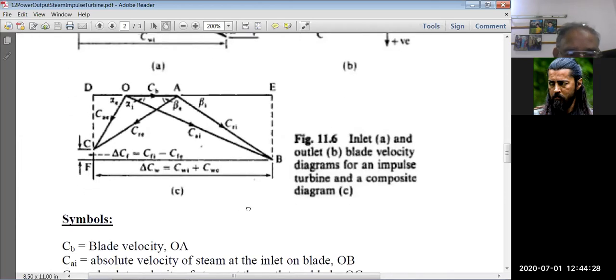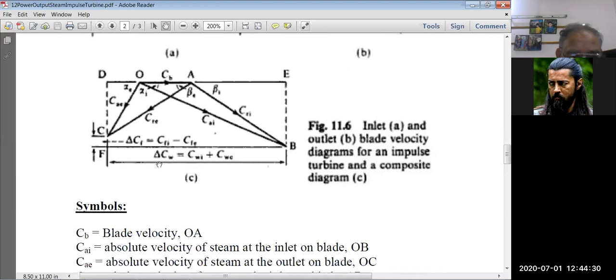Now this is a combination of both, and here you can see that this line FB at the bottom is the total length, which is equal to delta CW, the work velocity. This is the sum of CWI plus CWE. They are summed because actually it is a difference, but the components are in opposite directions, so the difference becomes plus.